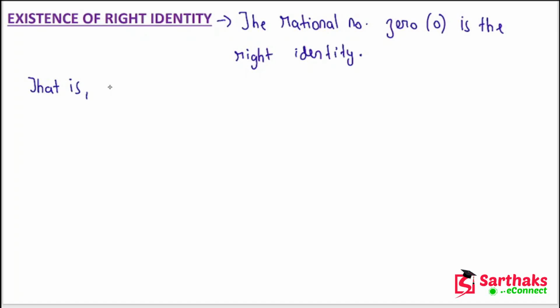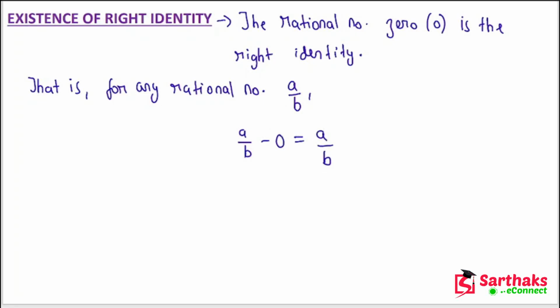That is, for any rational number a upon b, a upon b minus 0 is equal to a upon b.